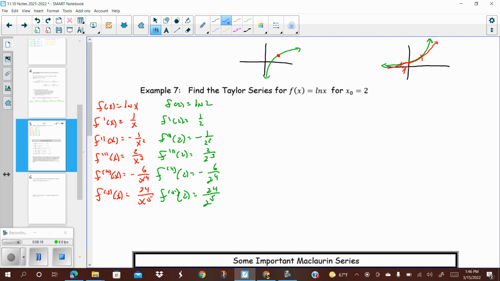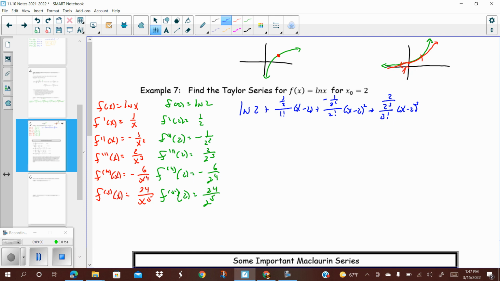So let's go ahead and write the first so many terms out. So we've got the natural log of 2 plus first derivative, 1/2 over 1 factorial x minus the center to the 1st power, plus second derivative, negative 1 over 2 squared over 2 factorial x minus 2 squared, plus third derivative, 2 over 2 cubed, 3 factorial x minus 2 cubed.